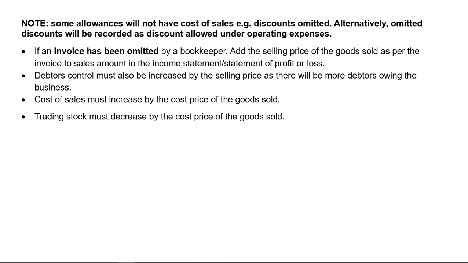Sales will always be on the credit side whenever we sell goods, but at selling price. Cost of sales must be on the debit side at cost price. Those two must always go hand in hand, because when you recognize a sale, you need to match it to the actual expense incurred, and the actual expense incurred will be cost of sales. That enables you to calculate what we refer to as gross profit. We good?